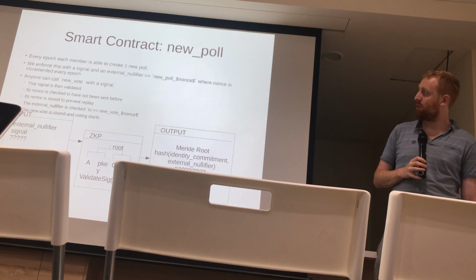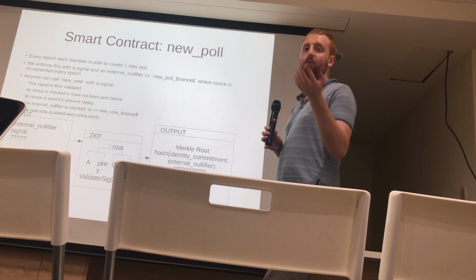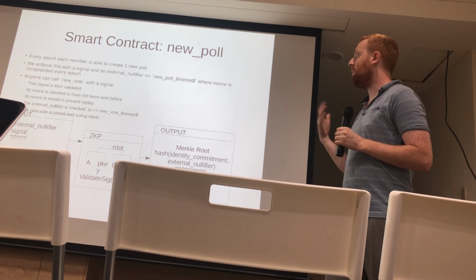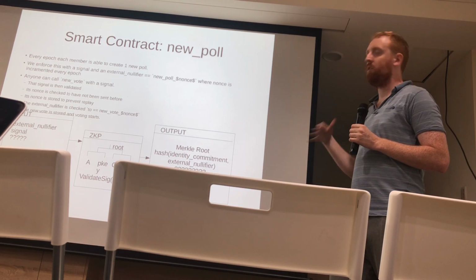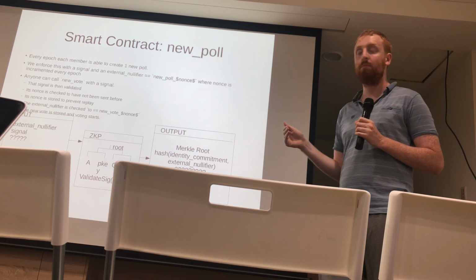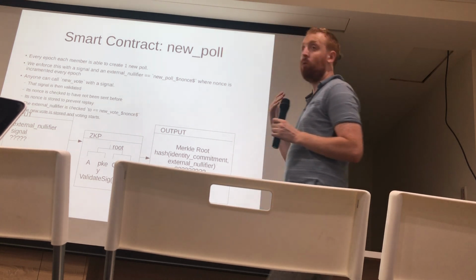Okay. So how does the first one work? So every epoch, every user is able to create a single poll. The epoch can be like 1 day, 1 month, depending on how frequently you want to create these polls. So how do we enforce this?